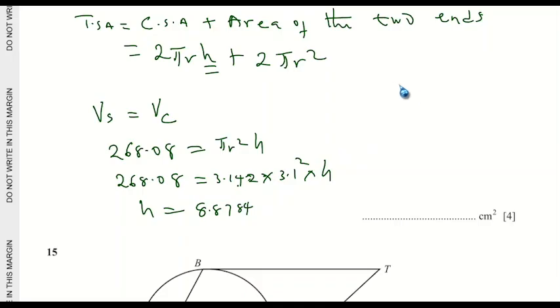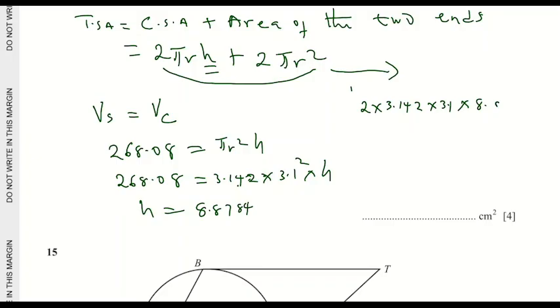Now I can find the total surface area. So I can now key in the values. This will be 2 multiplied by 3.142, that is 2 pi, then the radius 3.1, then multiplied by the height, which is 8.8784.